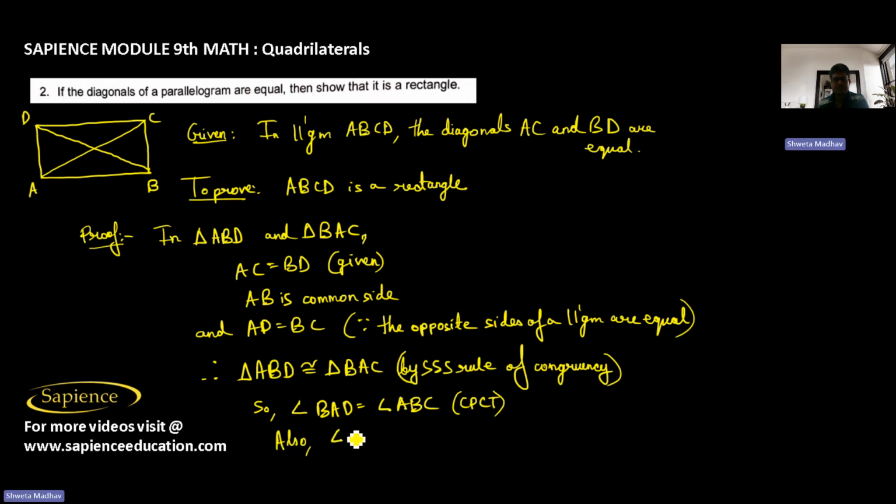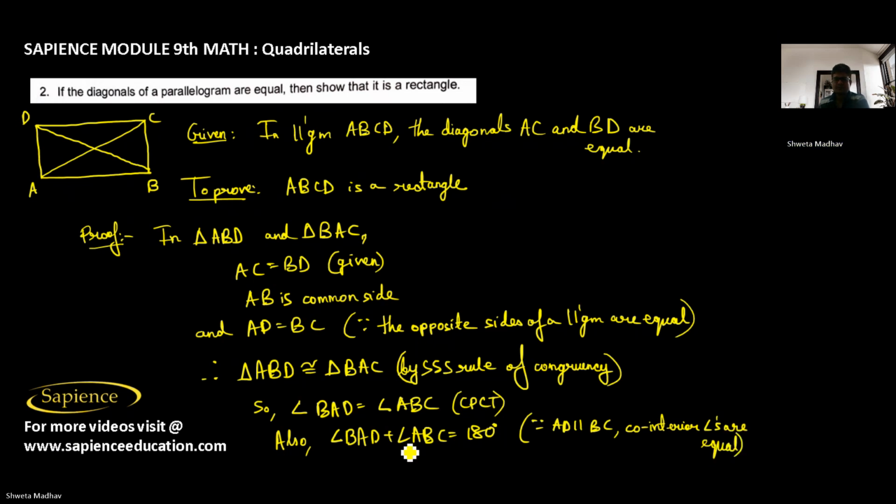Also angle BAD plus angle ABC is equal to 180 degrees, since AD is parallel to BC and AB is the transversal, and co-interior angles add up to 180.